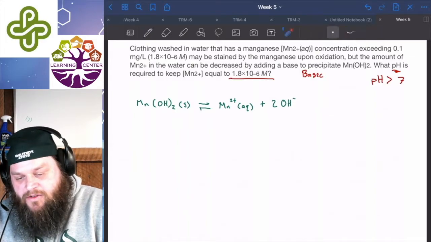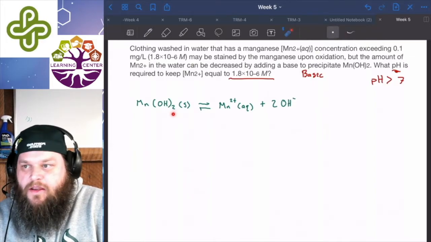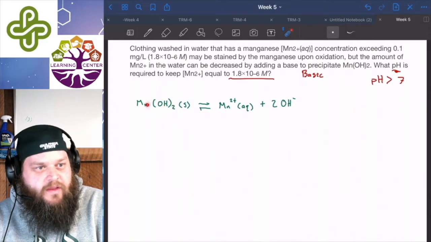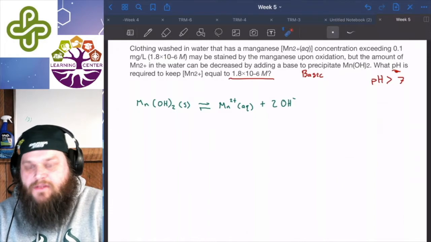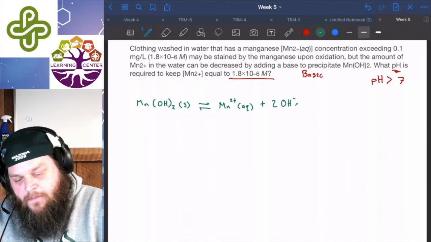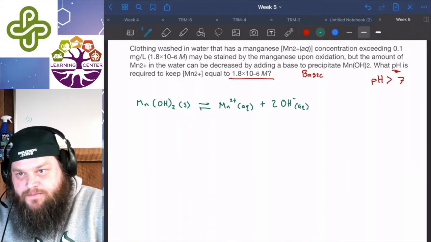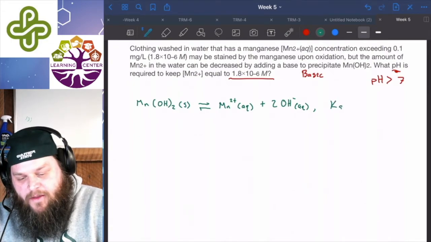Notice again it's 2 because there's 2 hydroxides within this solid, so we have to make sure that once it's dissociated, we have twice the concentration of them. And writing the Ksp value out, Ksp is going to be equal to 2 times 10 to the negative 13.